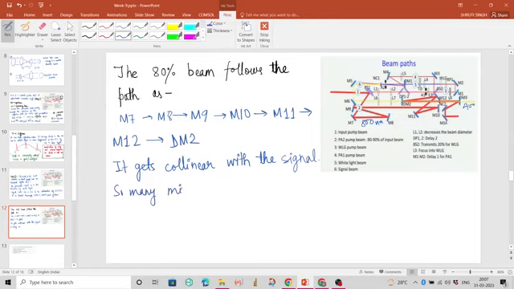So many mirrors to assure the alignment of the beams.